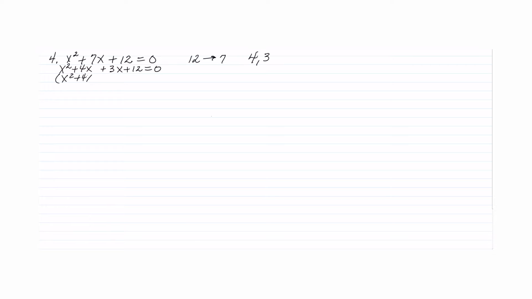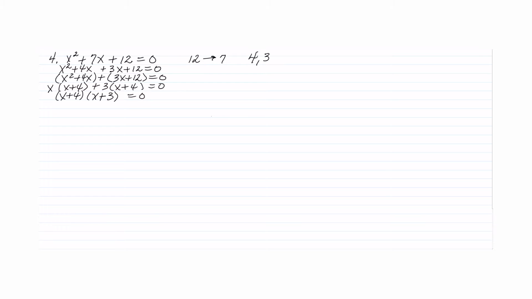Go ahead and group our two sets, and factor out our common factors. Pull out our common factor of x plus 4, and we're going to be leaving behind x plus 3.